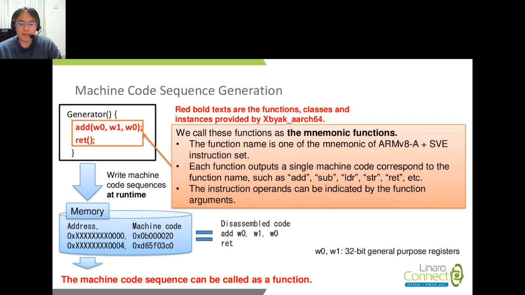Each function writes a single machine code on the memory corresponding to the function name, such as add, sub, load register, store register, return, and so on. And the function's arguments indicate the instruction operands. Here, w0 and w1 stand for 32-bit general purpose registers on ARM CPU.